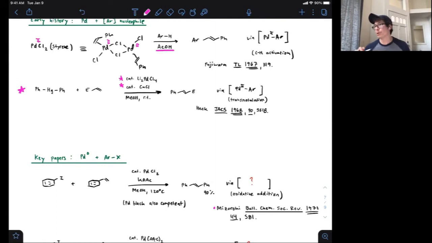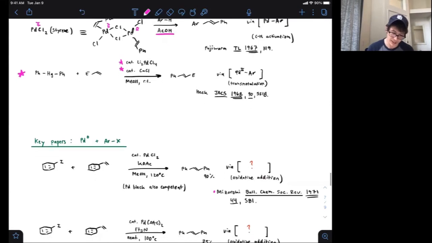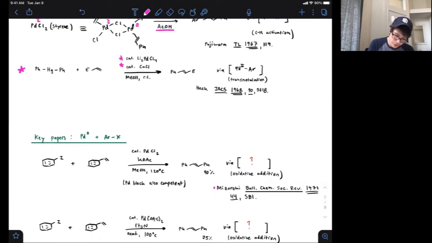Now we have the opposite polarity where we're coming in with an electrophilic organic fragment and palladium-0 as the catalyst. So you see that in both cases, we actually use palladium-2 as the pre-catalyst, but this is reduced in situ. And this is corroborated by observations like the fact that palladium black also works in the Mizoroki case.